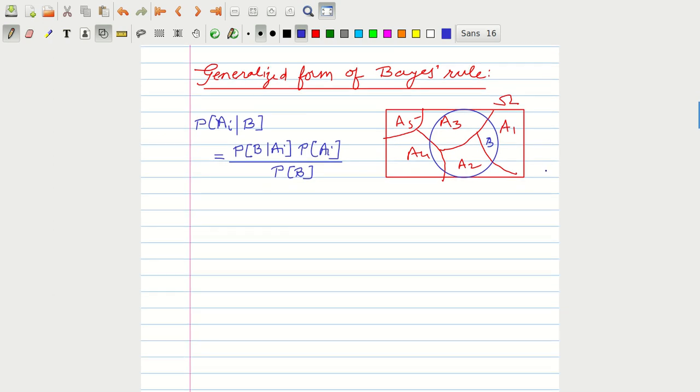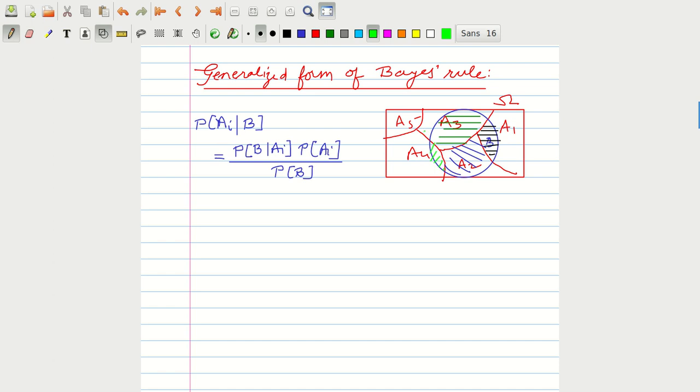As it is clear from the figure, B may result because of A1, it may result because of A2, it may result because of A3, it may result because of A4. In general, it may result because of any An.